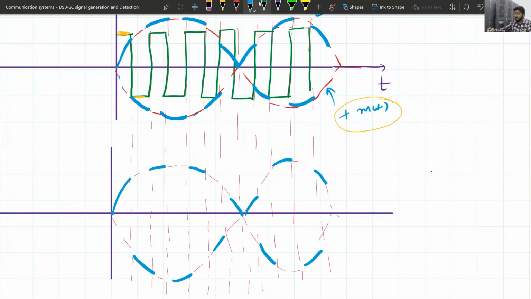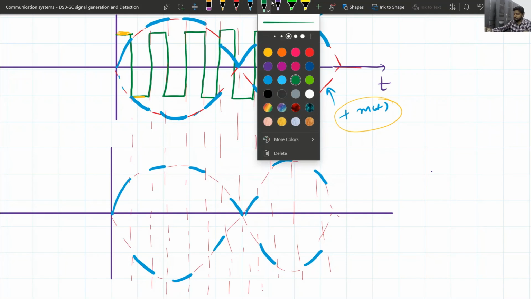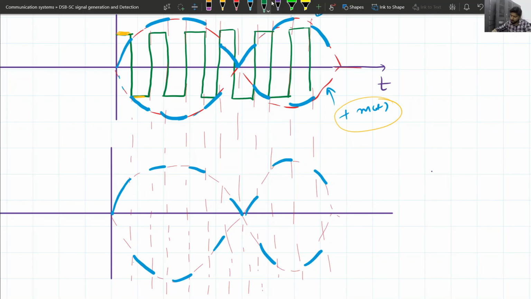And if this is the envelope, then you can enclose this envelope with the carrier frequency.